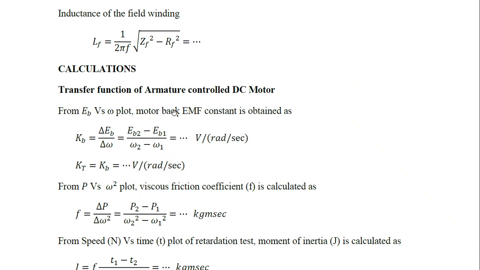For the armature controlled DC motor, this coefficient of viscous friction F is calculated from the P versus omega square plot. That is, F is equal to the slope, delta P by delta omega square.